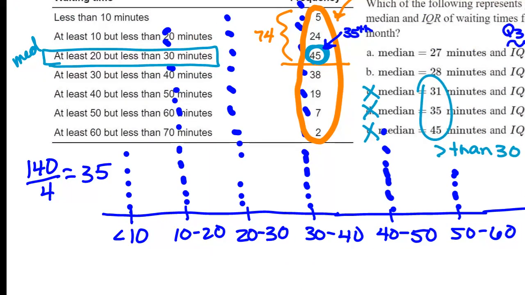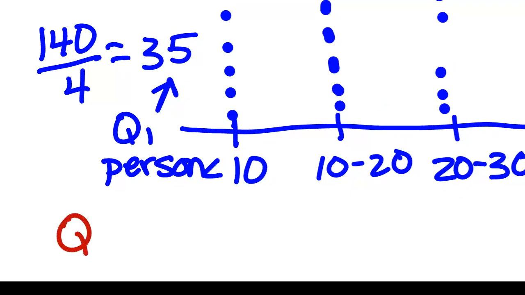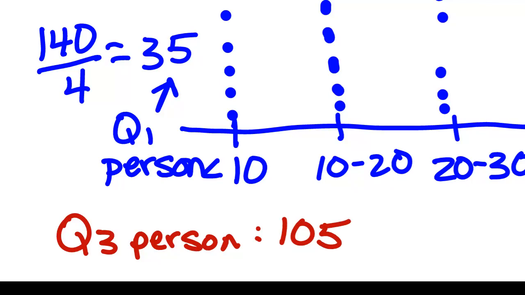And if I do 140 minus 35, Q1 person, the Q3 person is going to be the 105th person, so 35 backwards from the end.